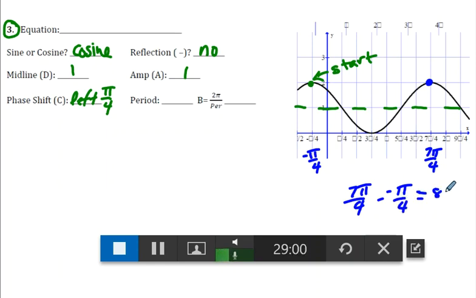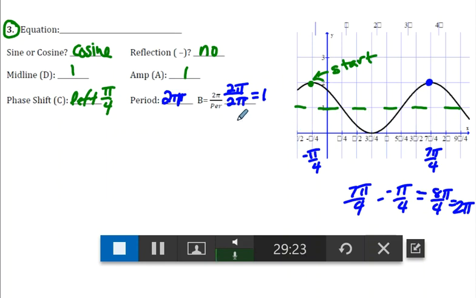It's 8 pi over 4, which is what? 2 pi. So my period is 2 pi. Oh, that's too many lines. 2 pi. And then my b is 2 pi over 2 pi, which is what? And whenever you divide something by itself, you get 1.